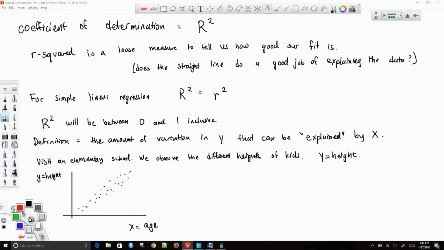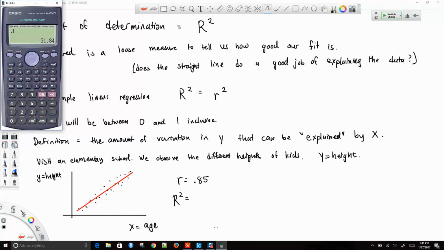Okay, and so r might be, let's say, 0.85, and then my r squared would be 0.85 squared. I don't know what that is. Let me see, 7225?